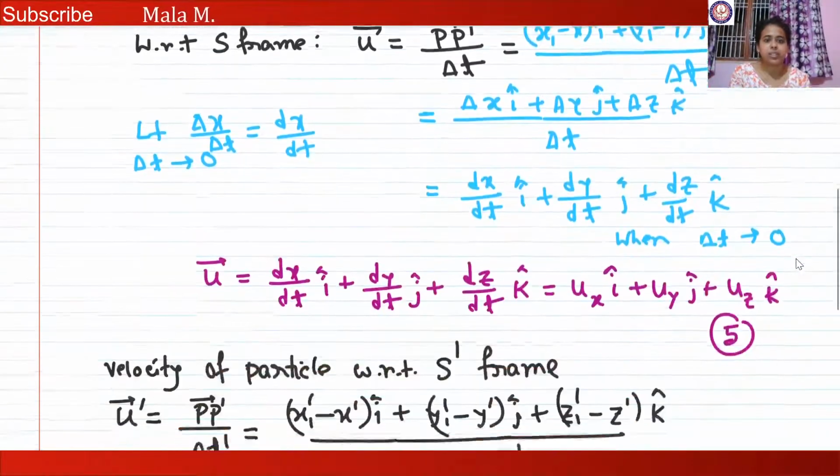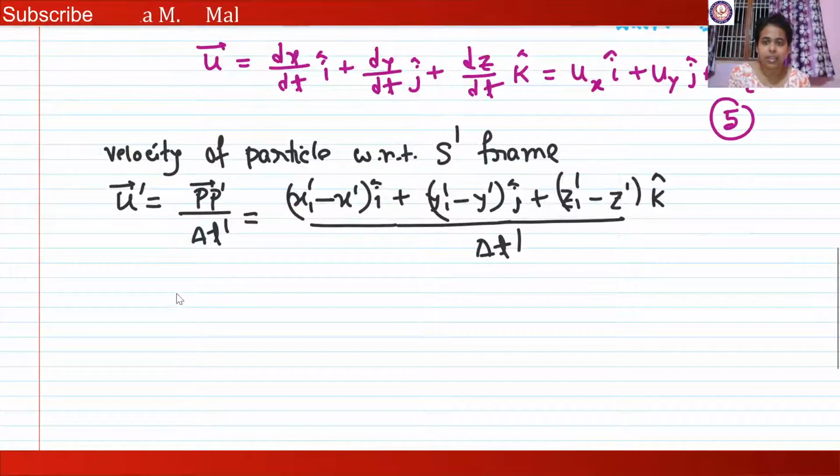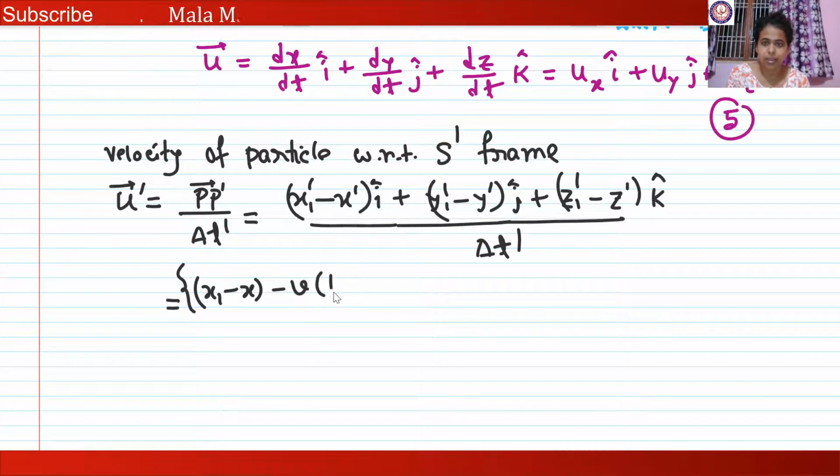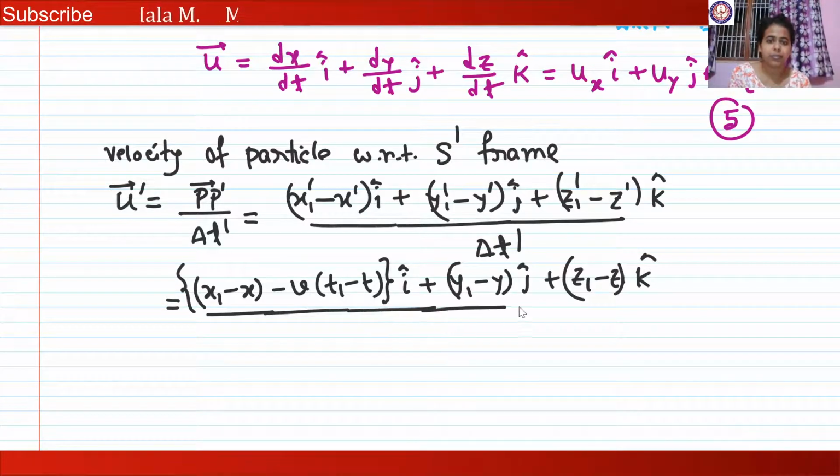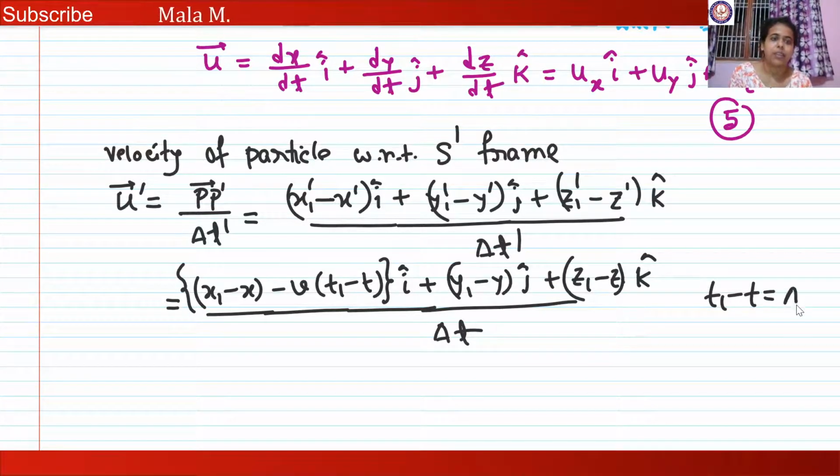If I put just simply these equations, what do I get? I get x1 prime minus x prime, it will be x1 minus x minus v times t1 minus t i cap plus y1 minus y j cap plus z1 minus z k cap, and delta t prime is nothing but delta t, and also t1 minus t is equal to delta t.